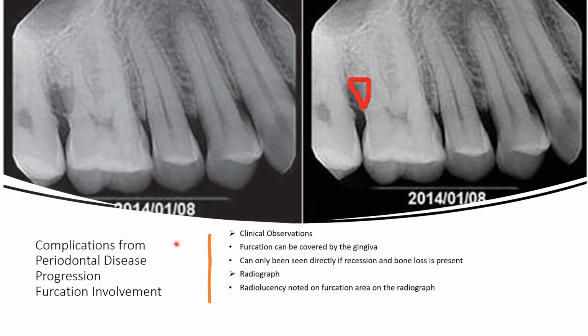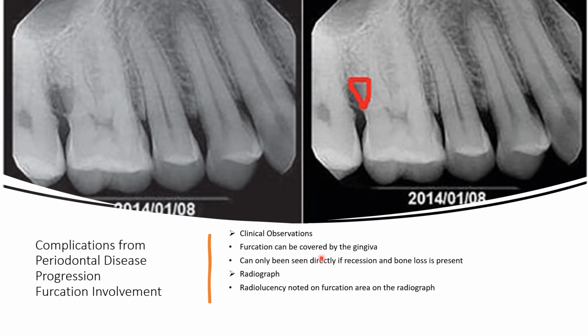Okay, so clinical observations, the furcation can be covered by the gingiva. Similar to the picture that I showed you earlier, where the gingiva was at the gingival margin, but the bone loss was below the mucogingival junction. So the furcations are sometimes covered by the gingiva.